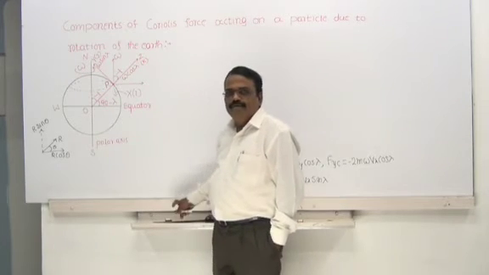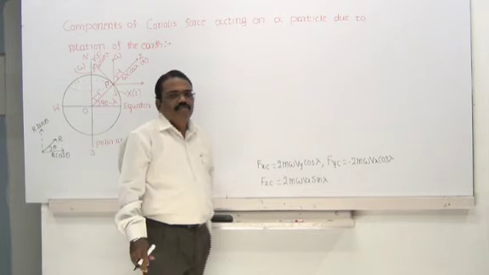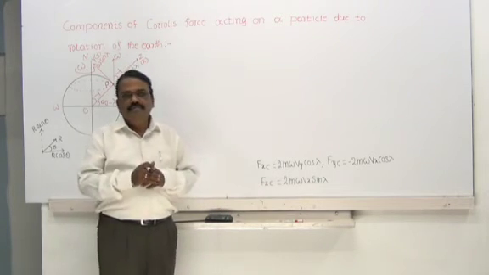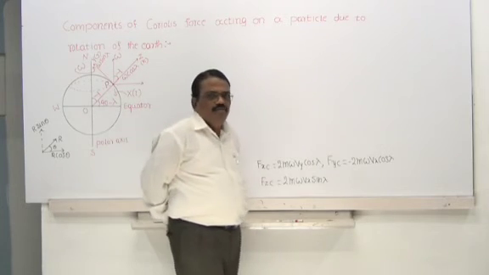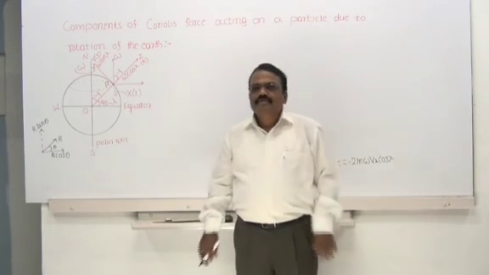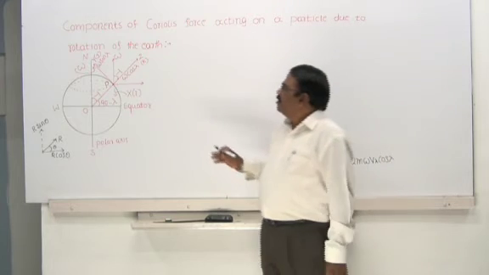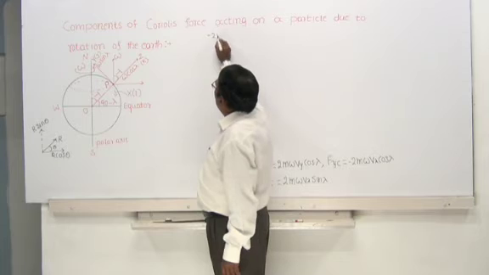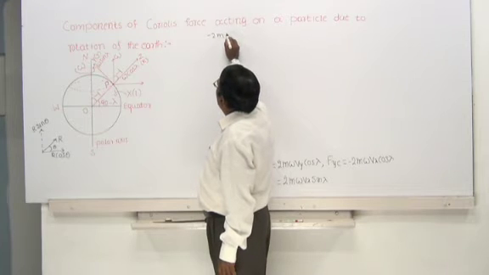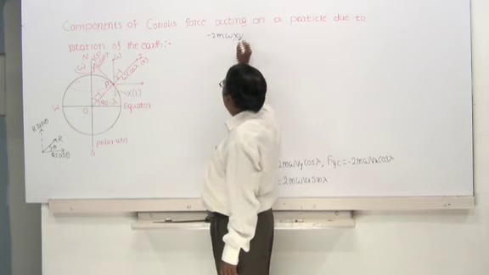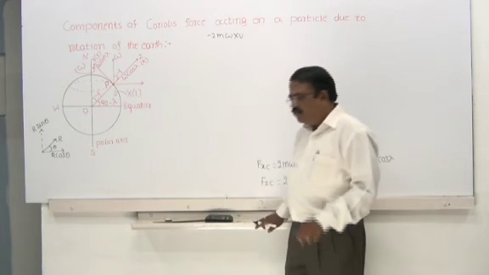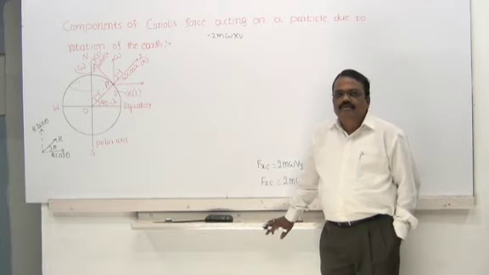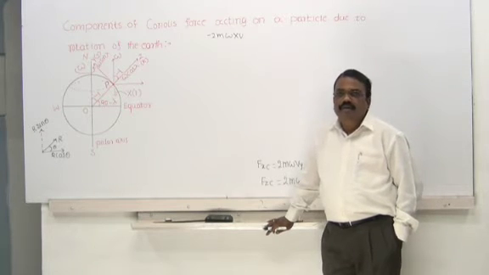Next we have to calculate the magnitude of these Coriolis forces. What I have done so far is, because you know that it is minus 2m omega cross V, we have calculated the different parts of omega and also the different parts of V along x, y, z.